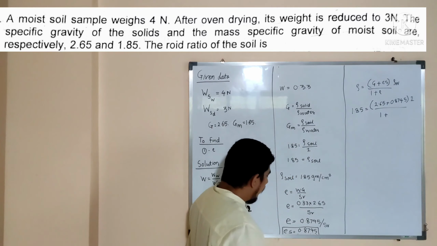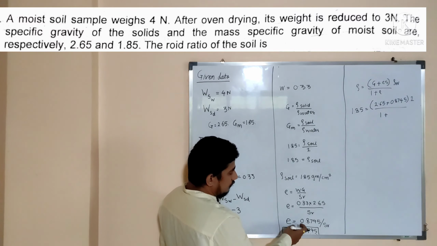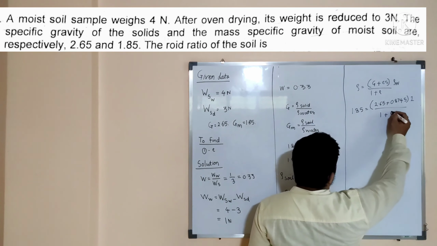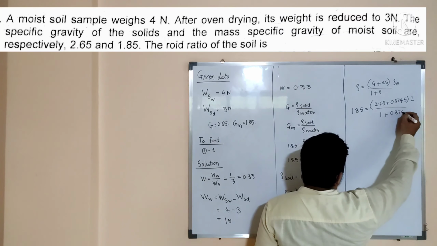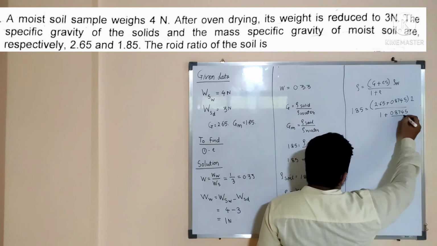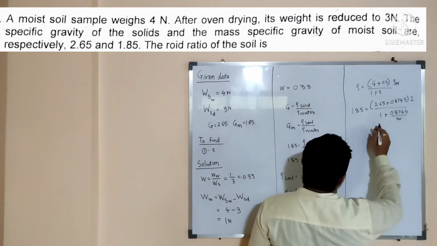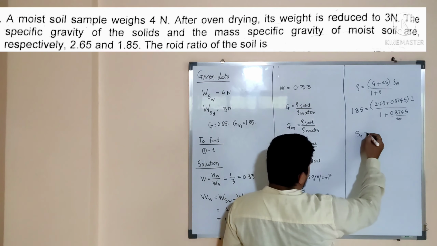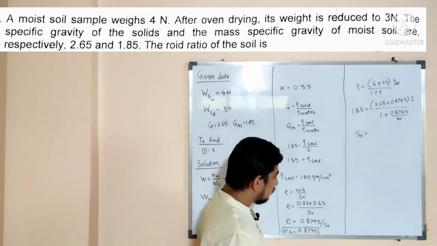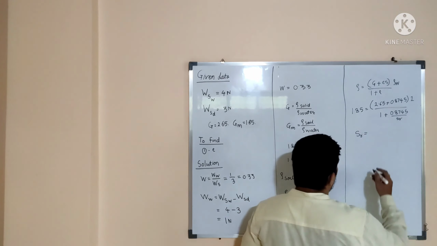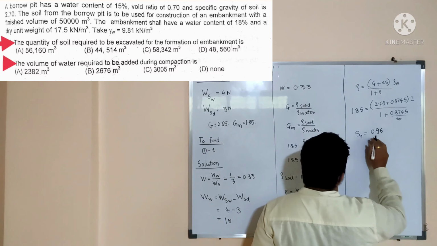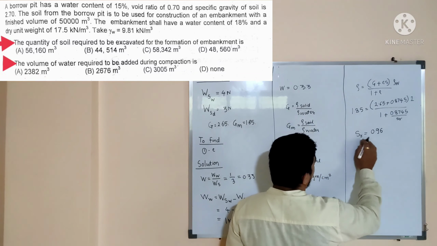Instead of e, I can write down 0.8745 by Sr. After solving this, we will get the degree of saturation, Sr, is 0.96. Okay, so now we got the degree of saturation.